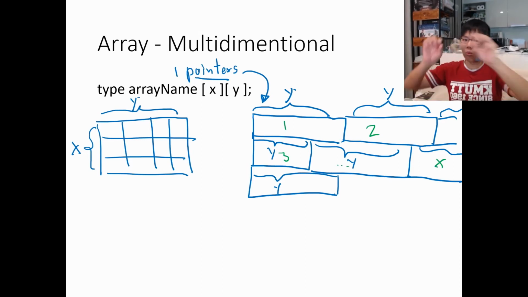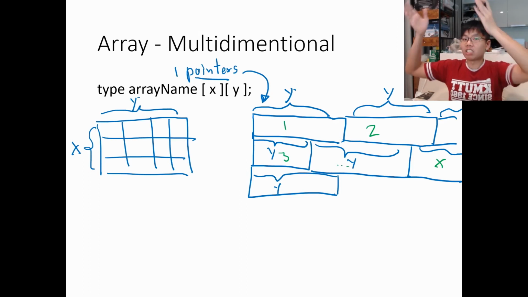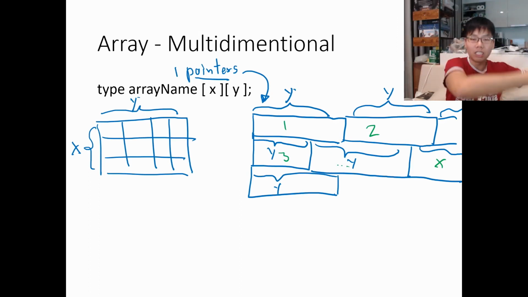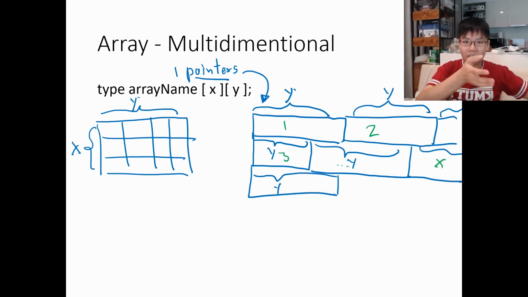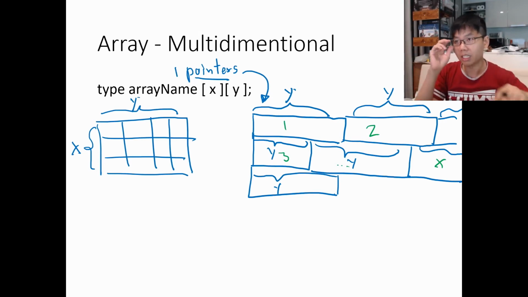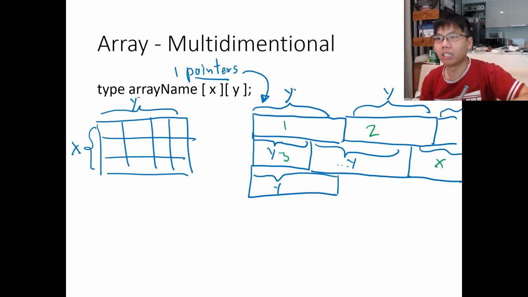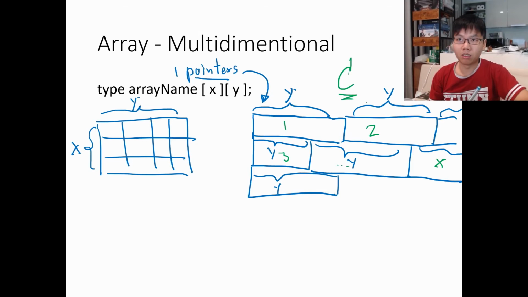So basically it's one long array, but it's chunked down into 2 or 3 different arrays in itself. Okay, that's what happens in C. I need to remind you that this one is the C language.